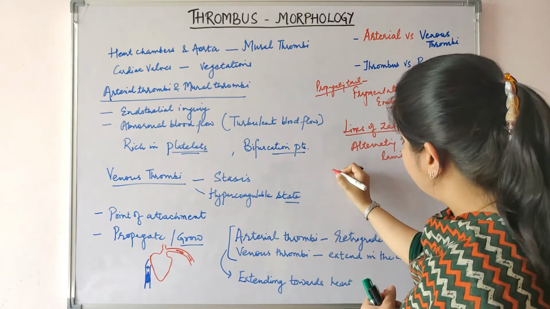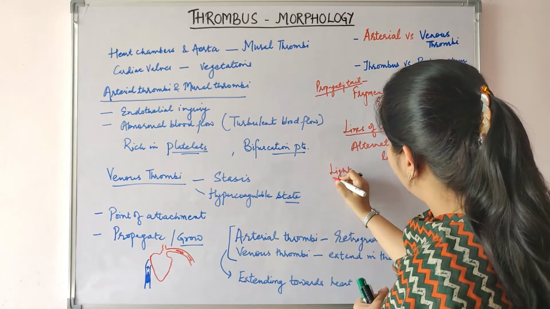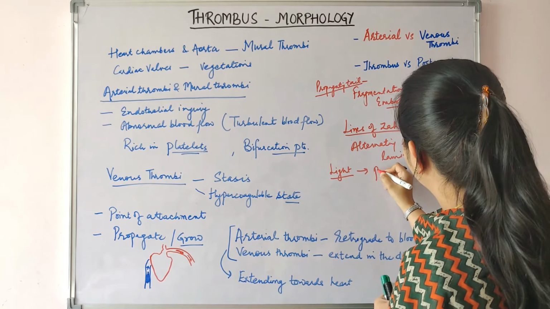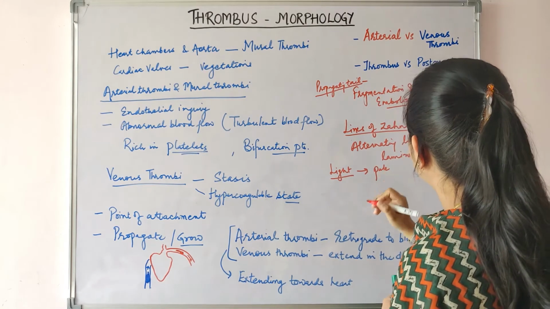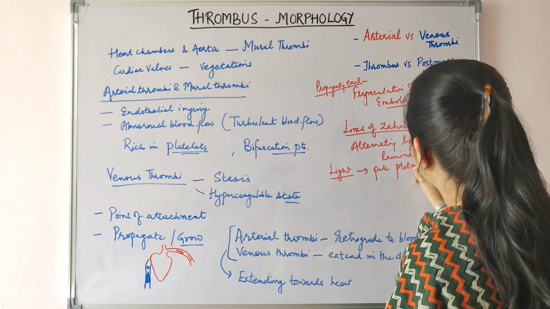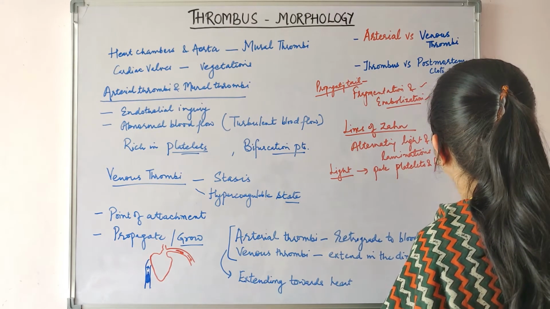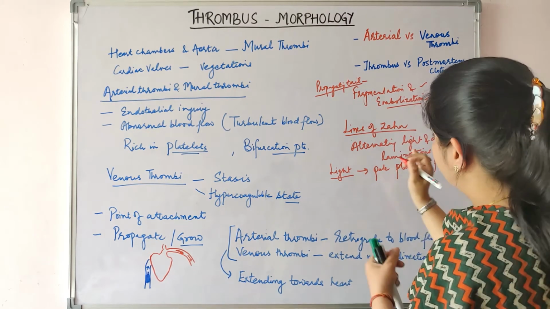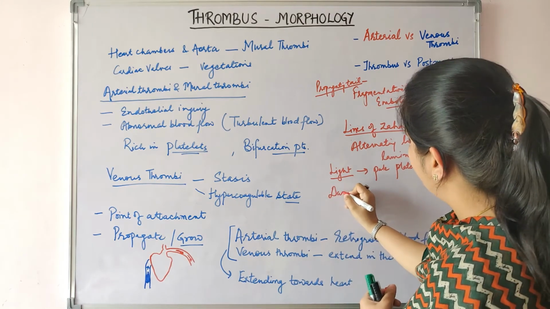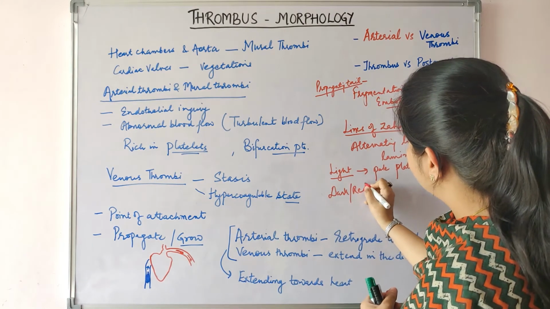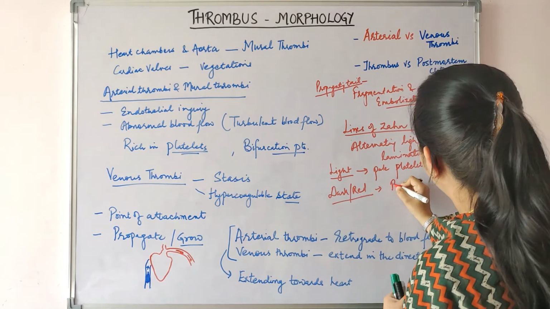The light or paler zone is formed by platelets and fibrin deposits, and this light zone alternates with the dark or red zone, which is formed by RBCs.